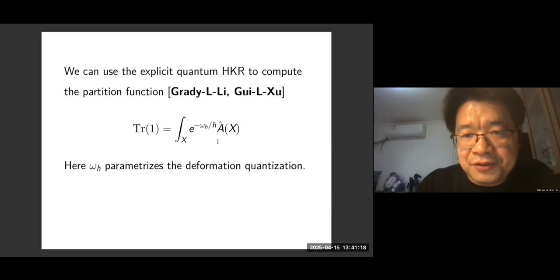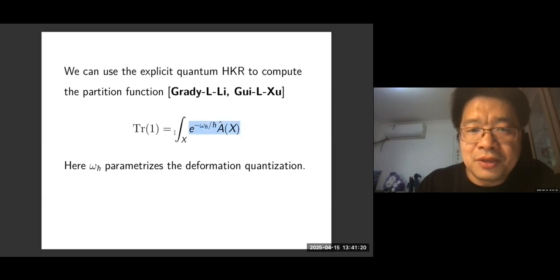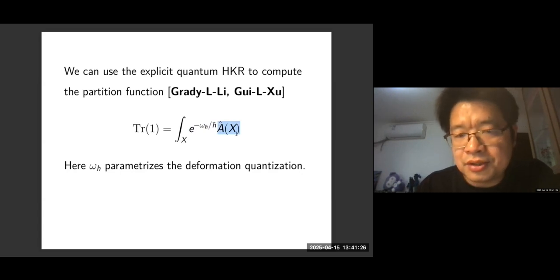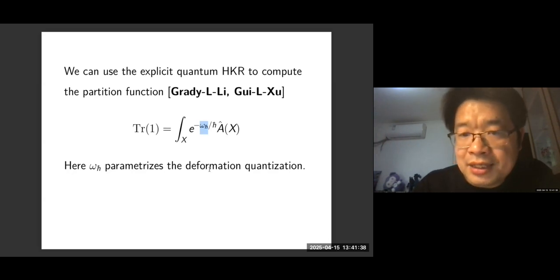And eventually you find the following formula by computing this trace. This is like an A-hat genus, and this topological class. And this omega h bar is a two form, starting from minus omega plus some higher order corrections, which is a closed two form. It parameterizes what kind of deformation quantization we work with on this phase space.